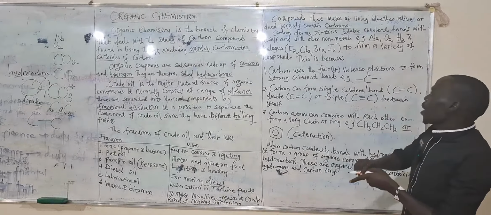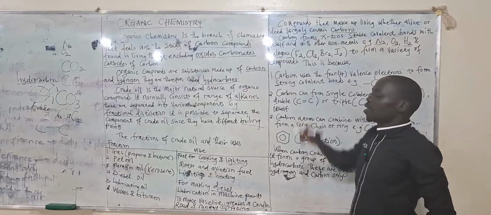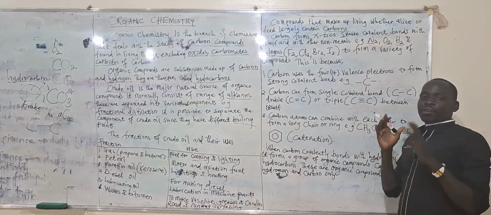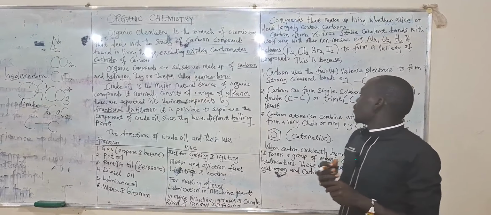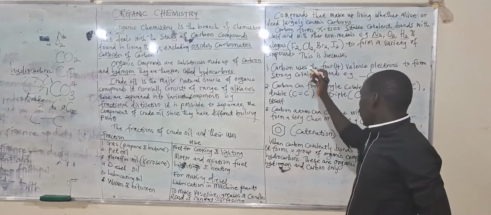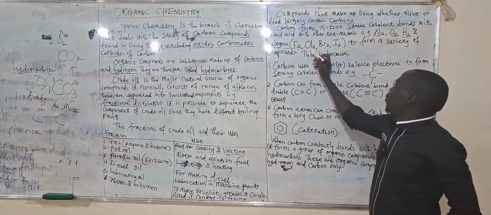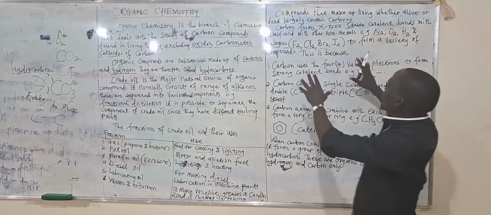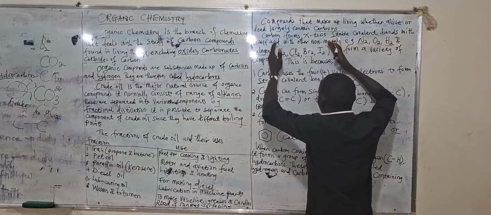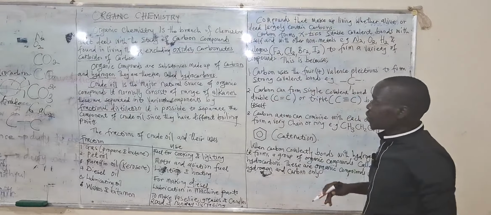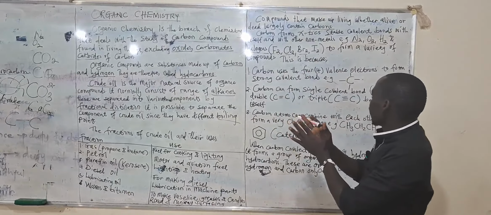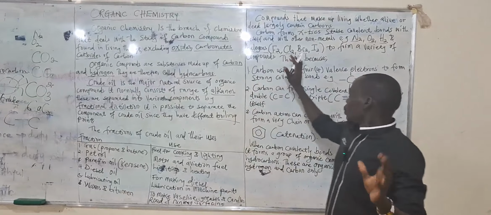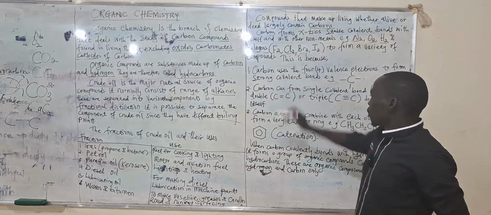But at the same time, we have the halogens. We don't want to call them halogens, we call them the group 7 elements. And those group 7 elements are fluorine, chlorine, bromine, and iodine. All these also behave like diatomic molecules. So two of them come together and combine, and we see them that way.